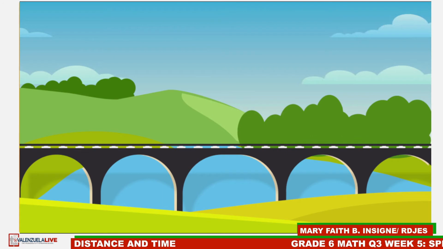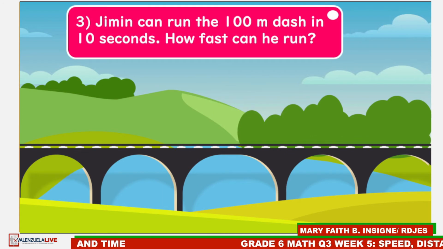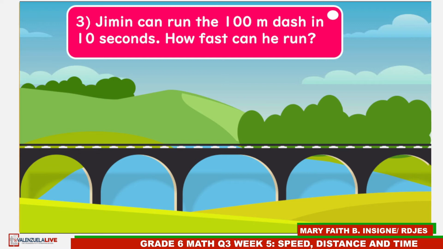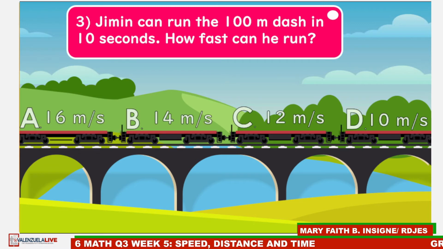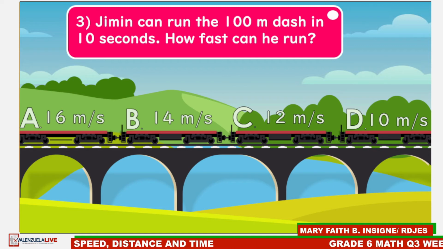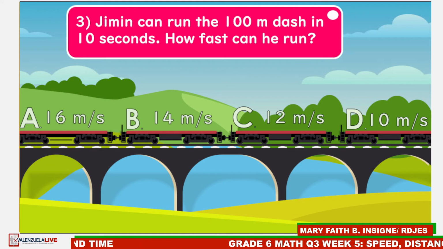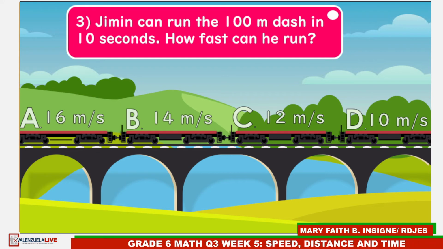Next, third problem. Jimin can run the 100-meter dash in 10 seconds. How fast can he run? The choices are letter A, 16 meters per second, letter B, 14 meters per second, letter C, 12 meters per second, and letter D, 10 meters per second.